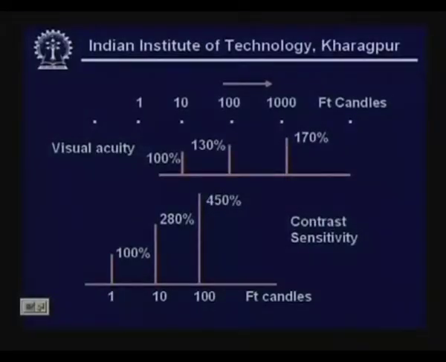As you can see, the illumination requirements vis-a-vis contrast sensitivity: if I define the contrast sensitivity to be 100% corresponding to an illumination level of 1 foot candle, I find that by increasing the illumination level 10 times to 10 foot candles, that is a 1 decade increase, the contrast sensitivity of the eye increases to 180%, and by increasing to 100 foot candles, the contrast sensitivity becomes 450%.